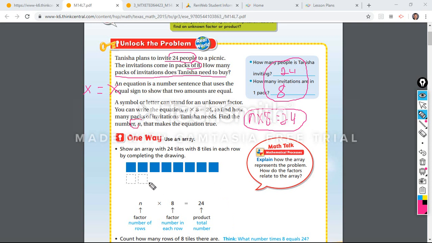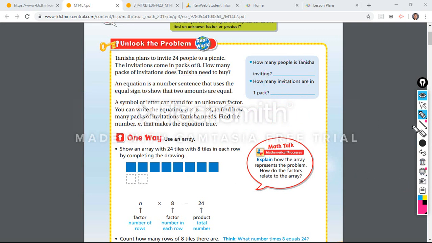So let's go ahead and make this array here. Show an array with 24 tiles with 8 tiles in each row. They did the first row for you. So each row will have 8 tiles. So that's 8, 9, 10, 11, 12, 13, 14, 15, 16, 17, 18, 19, 20, 21, 22, 23, 24.